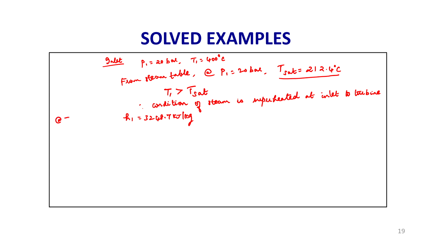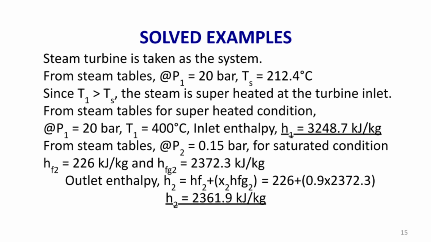At T1 equal to 400 degree centigrade and P1 equal to 20 bar, from the superheated steam table. So, this is the H1 value, and that is how H1 has been found.